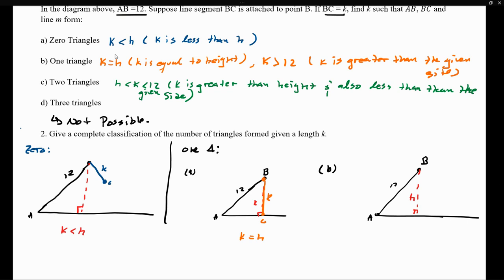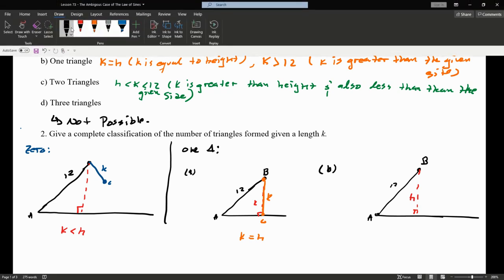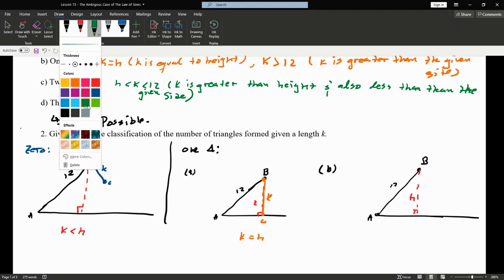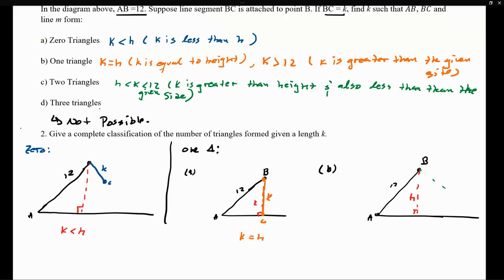We could also create one triangle if this third side that we're missing is greater than 12, if k is greater than 12.